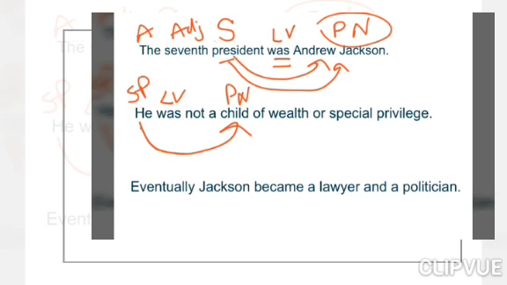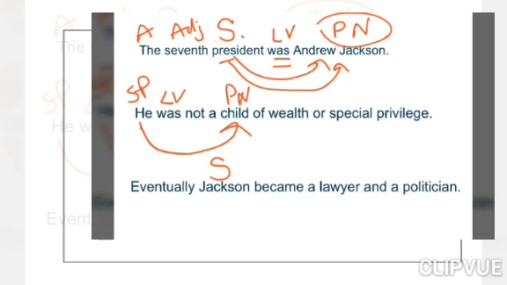Let's keep going, okay? Eventually, Jackson became a lawyer and a politician. Remember, the predicate nominative renames the subject, and it follows a linking verb. Where is our subject in this sentence? Of course, Jackson. We have located it.